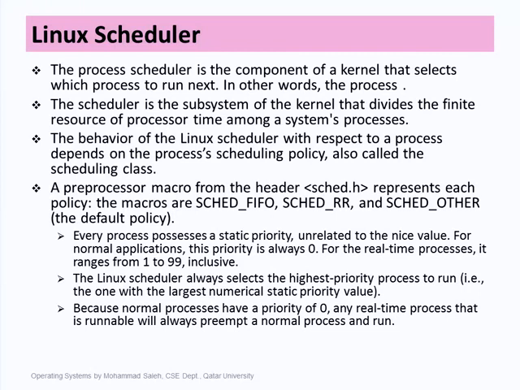However, these two will work a little bit different than the basic FIFO and RR, okay? So at the very beginning, you need to know what is the basic FIFO, basic RR, and then once we cover all that kind of material, we will go into the details of FIFO and RR of Linux, how they really work, okay? They have a little bit of variation.